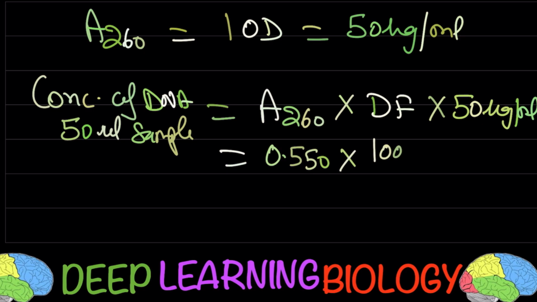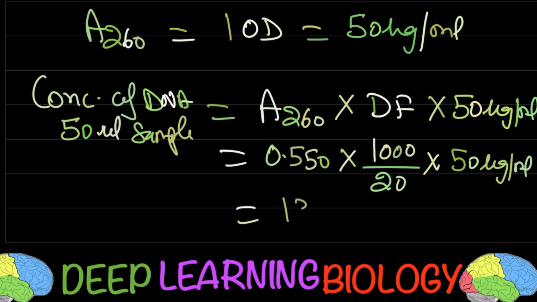So here 1000 divided by 20 is the dilution factor, multiplied by 50 microgram per ml. If you solve this, it will come out 1375 microgram per ml.